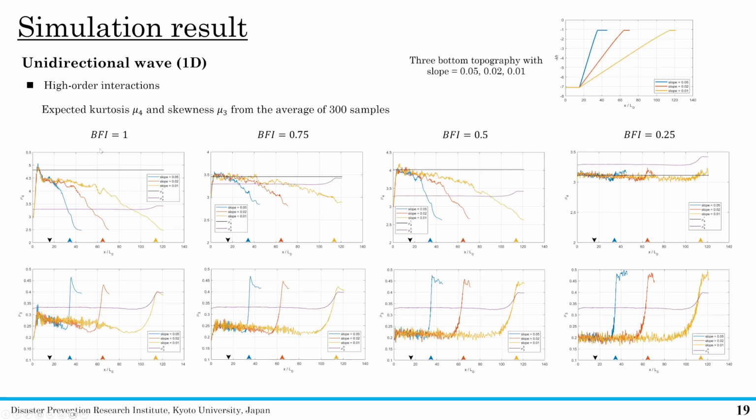This is a very narrow case, going from a narrow case to when the spectral bandwidth becomes broader and broader, and there's almost no effect.